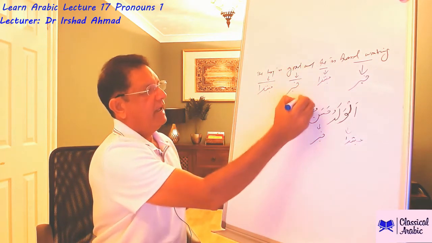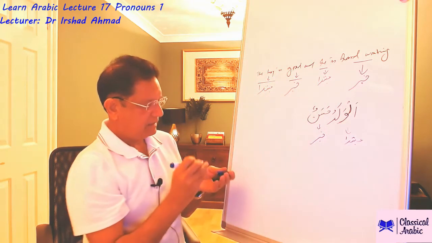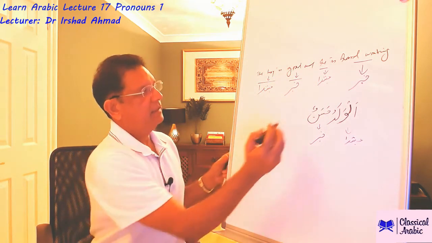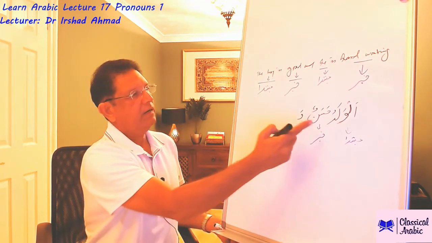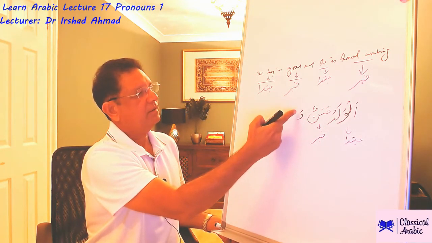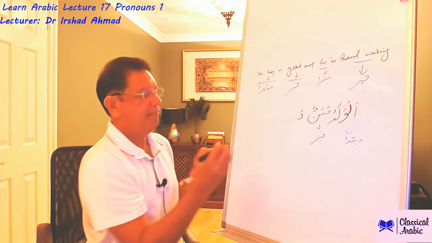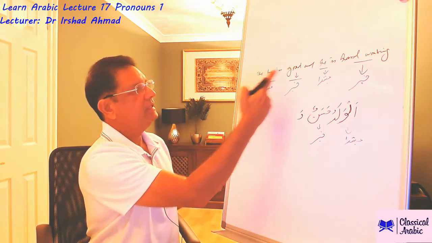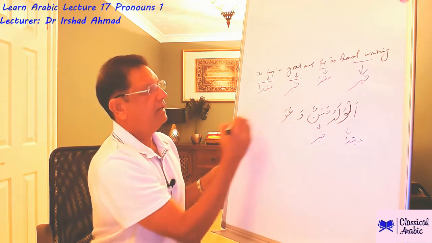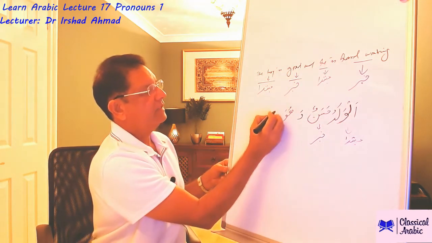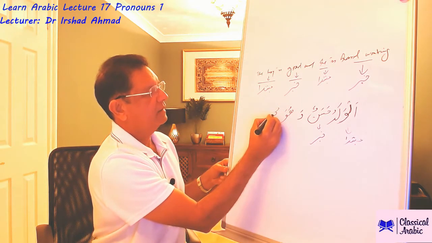And then we have "and", which is a conjunction, and the translation of "and" in Arabic will be waw with fatha. Al waladu hasanun wa, and then he is huwa, wa huwa hardworking, mujtahidun.